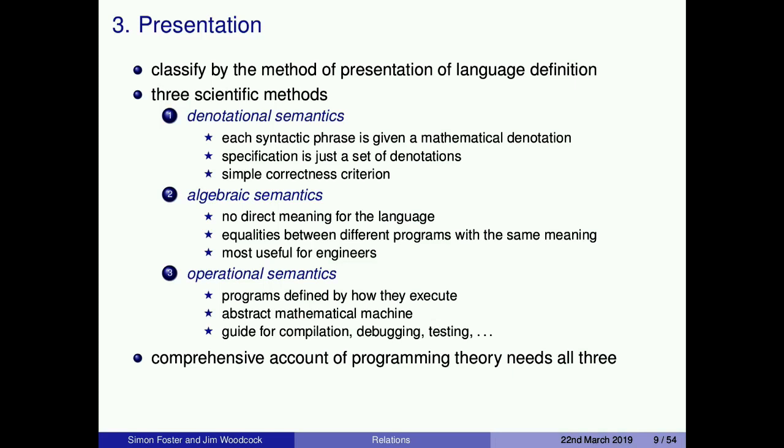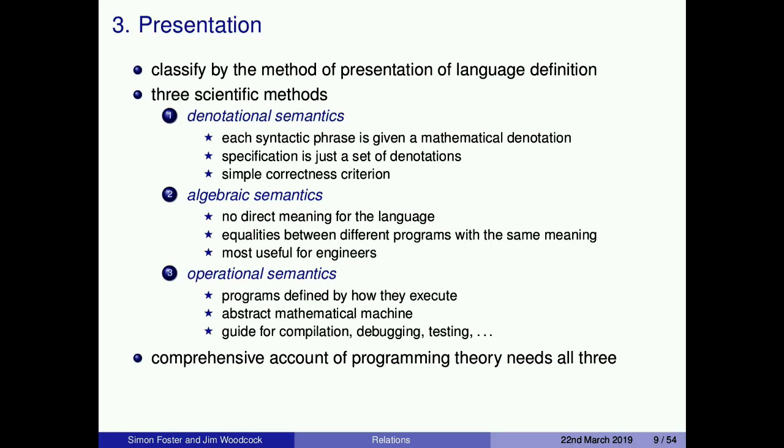And this gives us a simple correctness criterion, because if all of the syntactic constructs of our language, like assignment, sequential composition, parallel composition, and so on, can be boiled down into mathematical denotations, and I can also express my specification as a set of possible denotations, then you have the ability to express the relationship between these using refinement.